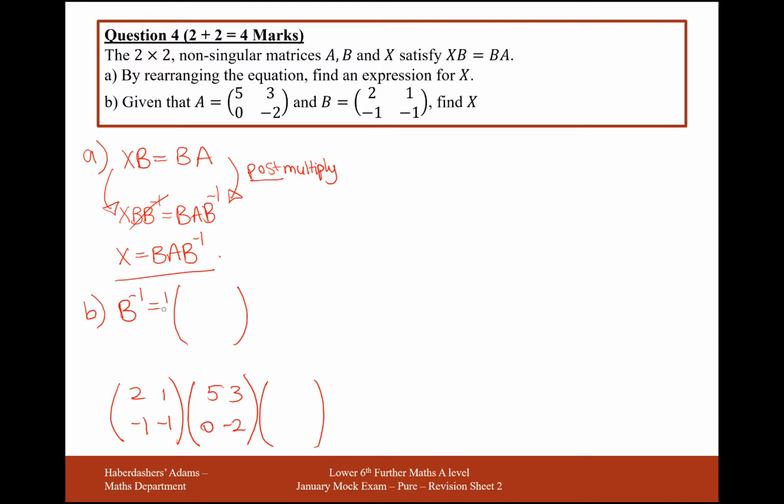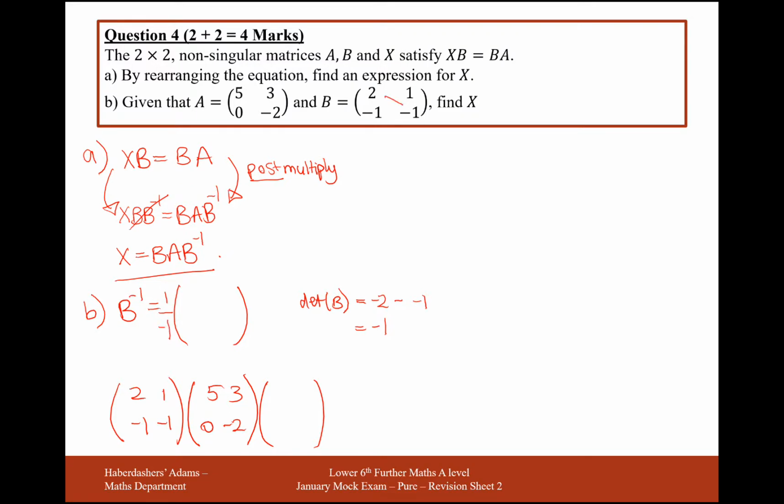Okay, so it's going to be 1 over the determinant. So the determinant here is going to be minus 2 take away 1 times minus 1, so minus 2 add 1 because I've got a double negative here, so that's going to give minus 1. So it's going to be 1 over minus 1.